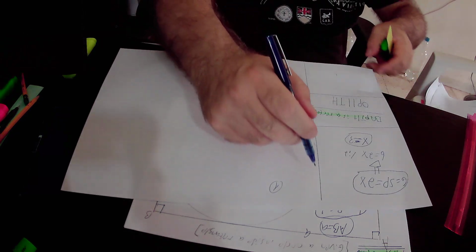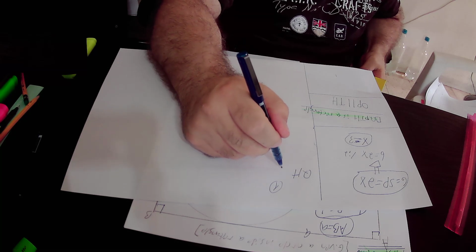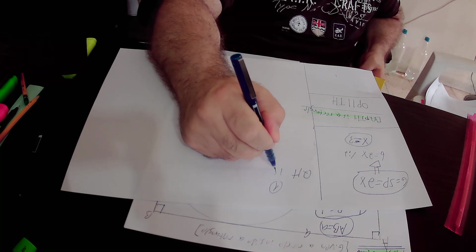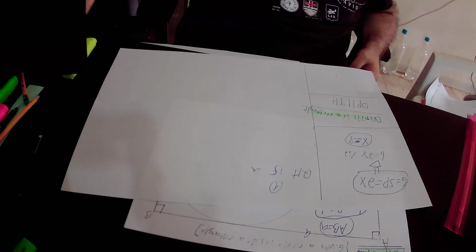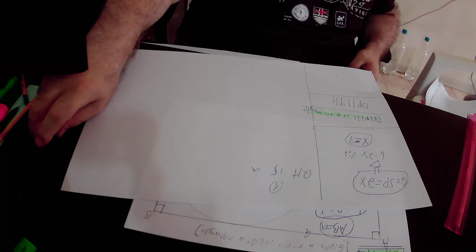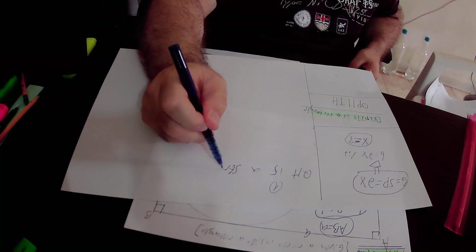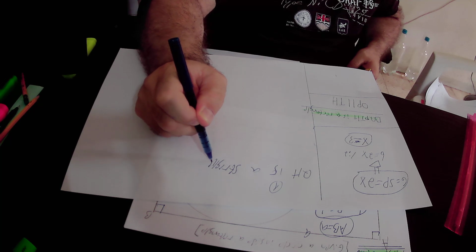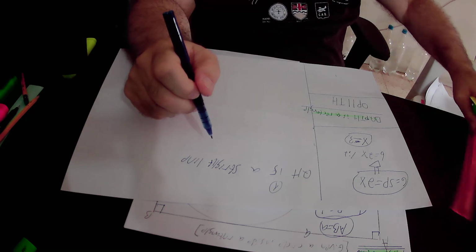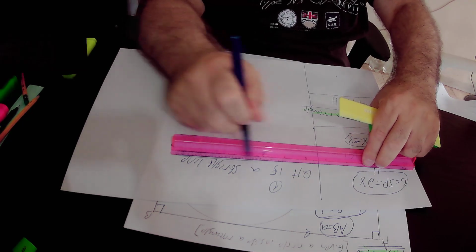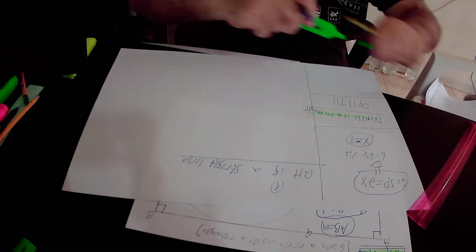So you can write down that QH is a straight line because it is a perpendicular.